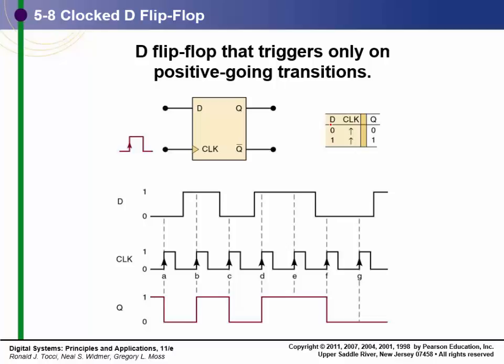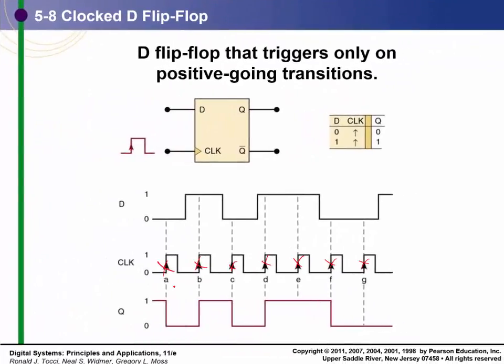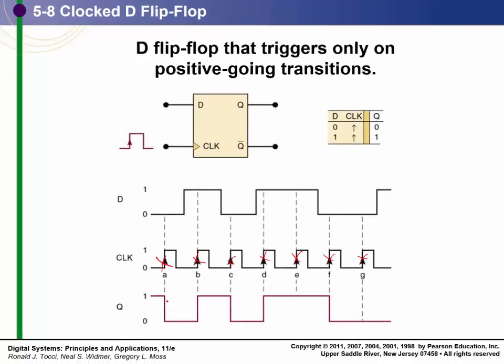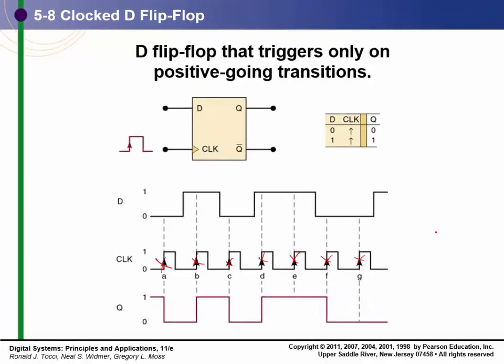You only look at D at that particular point in time. If D is 0, the output goes to 0. If D is 1, the output goes to 1. So all we're doing is looking at D, and whatever D is, the output goes to that on the clock edge.